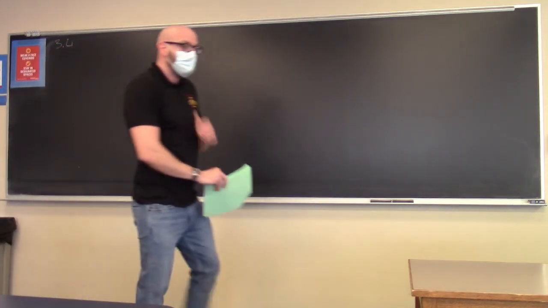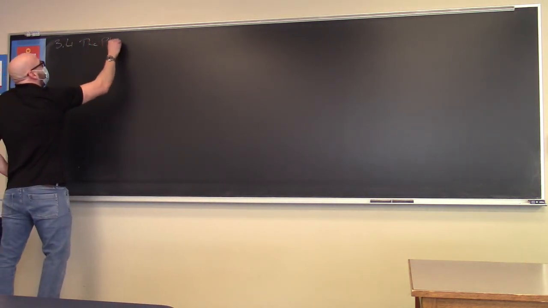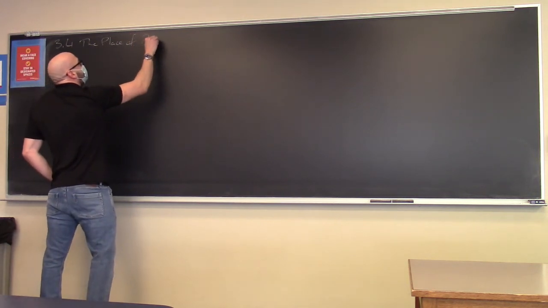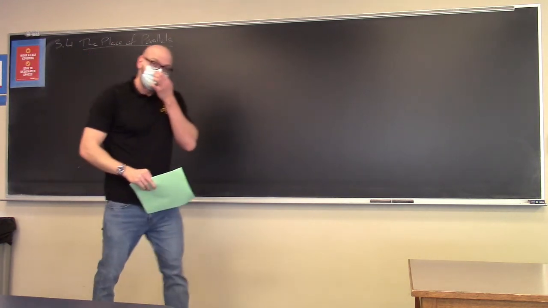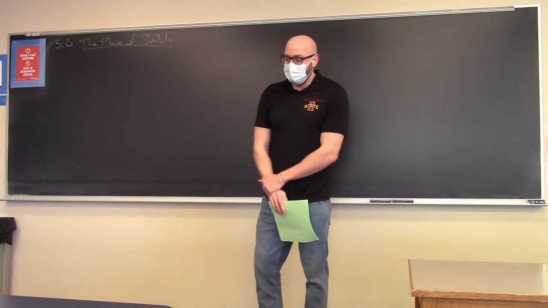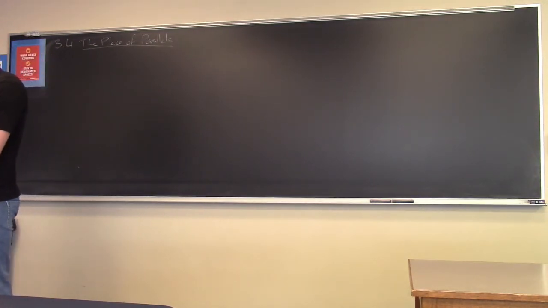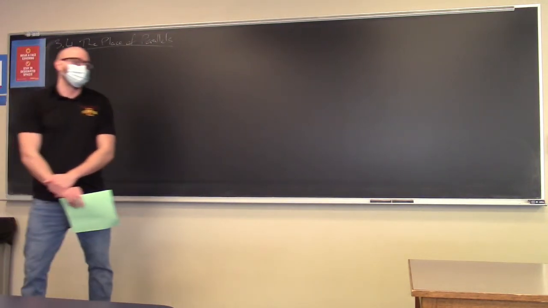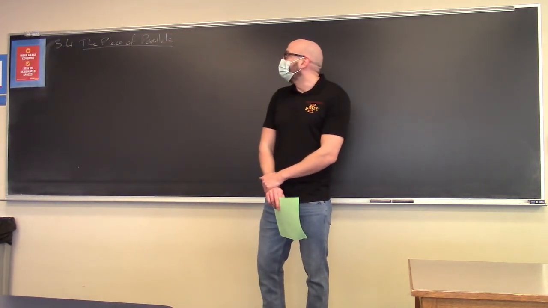Anyway, today we'll keep moving on to the next section, 3.4, and this is titled "The Place of Parallels." We're actually going to stray away from thinking about hyperbolic things for a second, and do something that we really need to do.